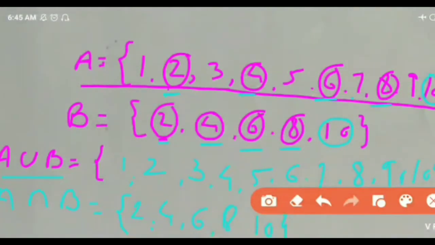So these numbers are present in both the sets, so this is called A intersection B. A intersection B means the numbers which are present in both the sets, and A union B is all the numbers present in either set. That output we have to take here, and this is called what?